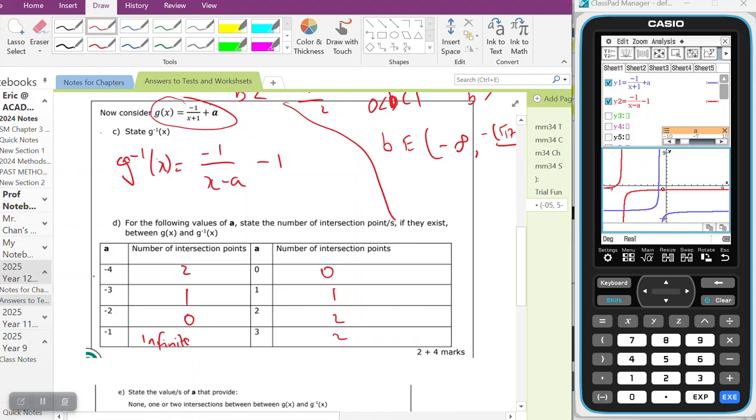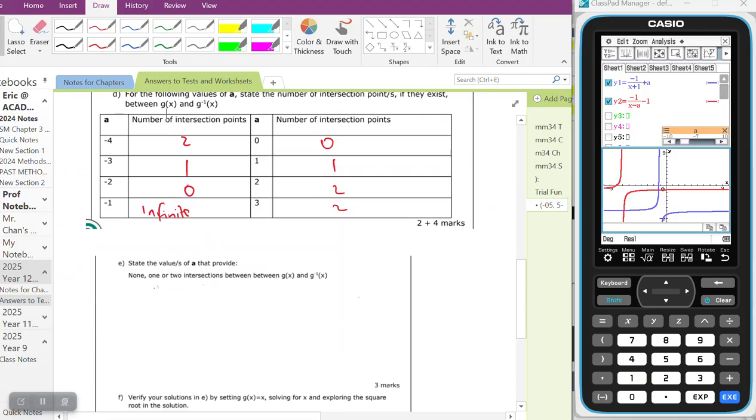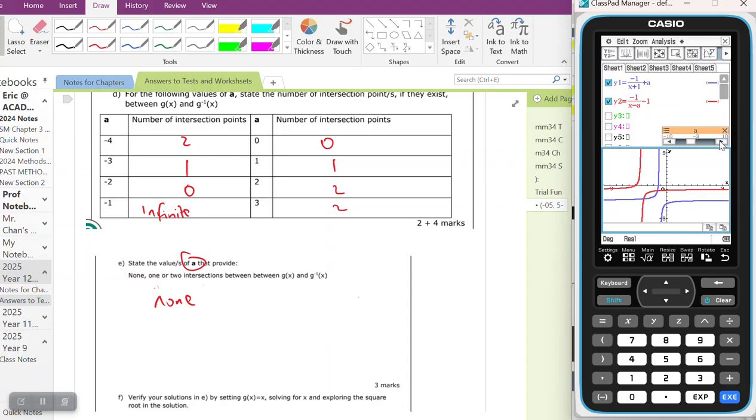So when do we have no intersections? The question says find the values of a, which gives you the domain of a, that gives no intersection points. At a equals -3 you have one intersection point. -2 still has no intersection points. -1 has infinite.